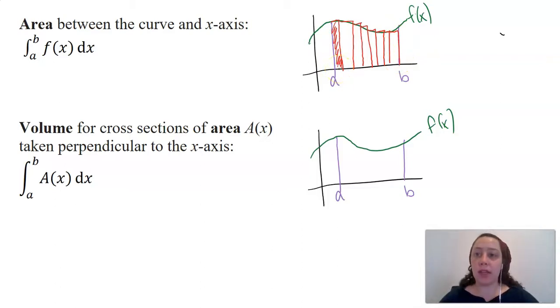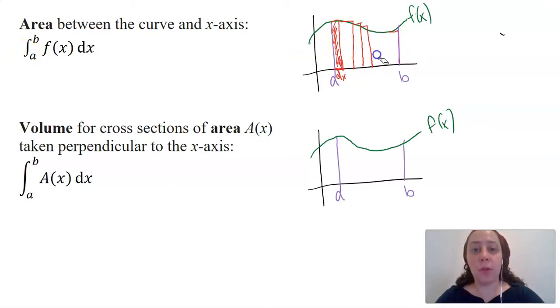And then we said if the width, this change in x, this dx, gets really small, it would be like we have just vertical lines, and we would be able to add them up and get the exact area. And that's what we said is the integral.